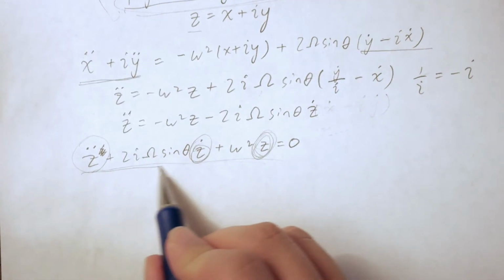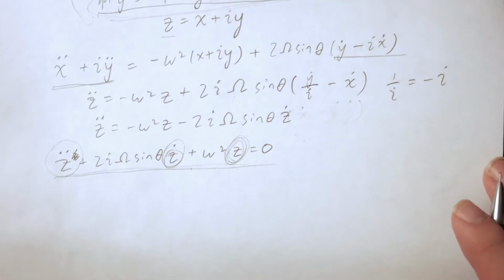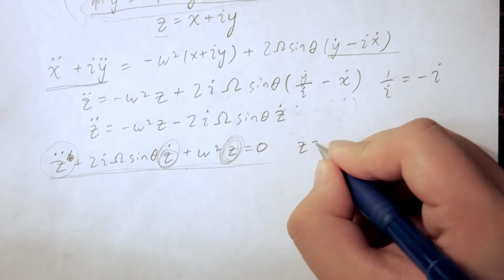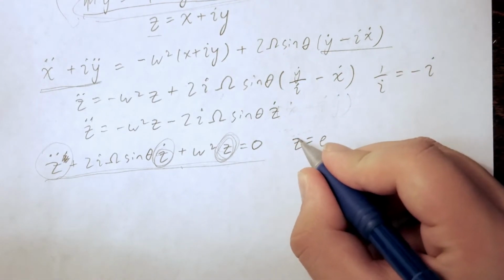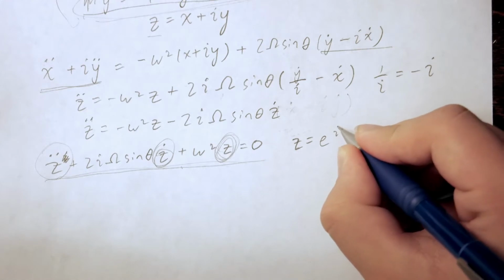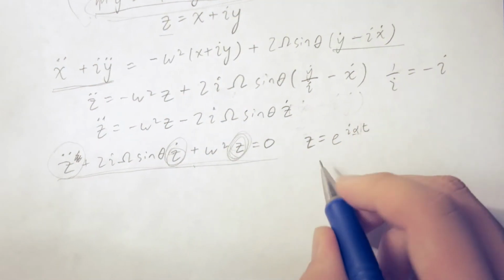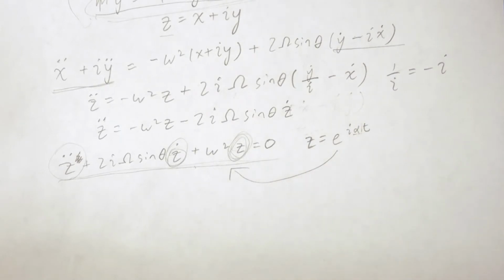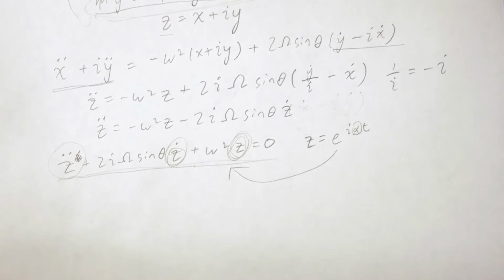And there's actually a really nice way to solve these types of equations, which is to guess that the solution has the form e to the i alpha t, plug this back into the differential equation, and then solve for alpha. And you'll see why this turns out really nicely eventually.